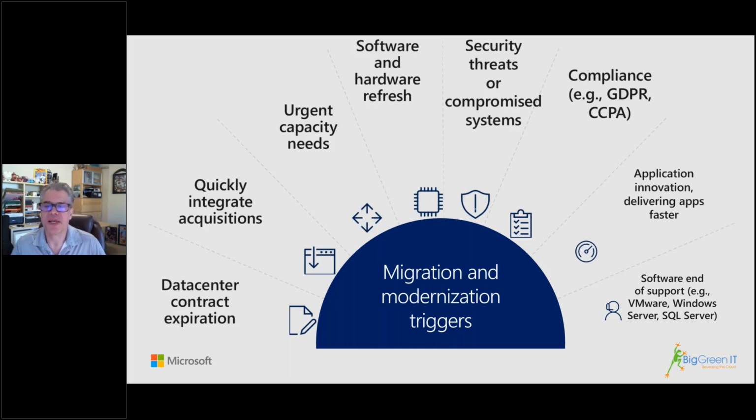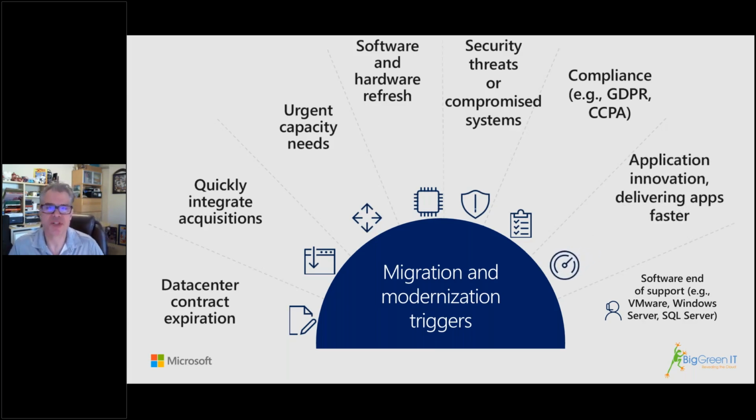This next one, innovation of applications, delivering apps faster, things like that. These are relevant to companies that do write their own applications or customize their own applications. If you have a lot of developers in your organization and you do perform this kind of work and you write your own apps, there are all kinds of things you can do with native cloud applications, with Azure Functions and running in containers and different things that are either very difficult to do on-prem or they require kind of a paradigm shift and a whole new way of doing things.